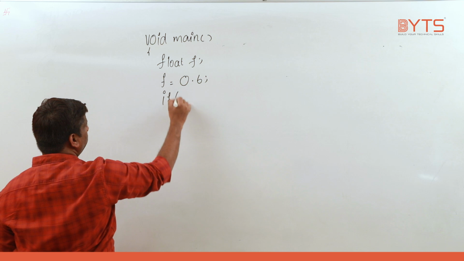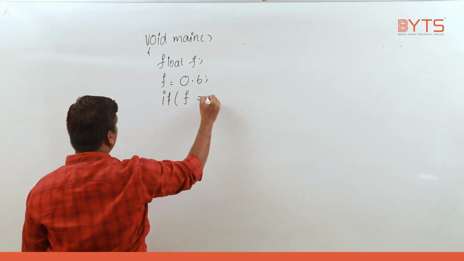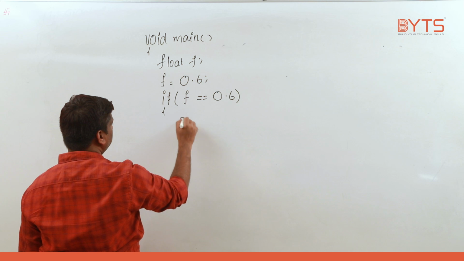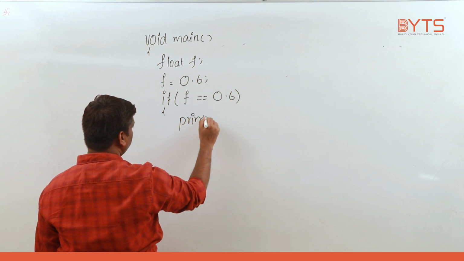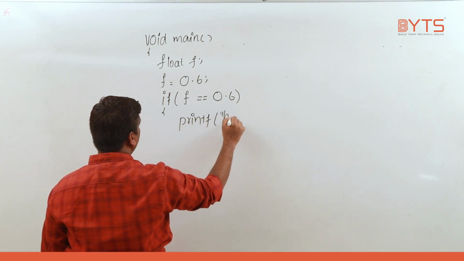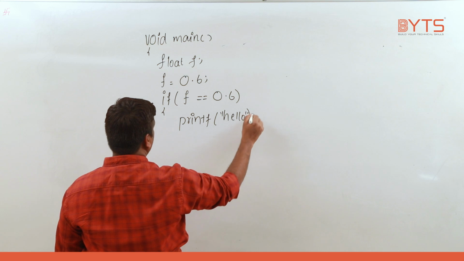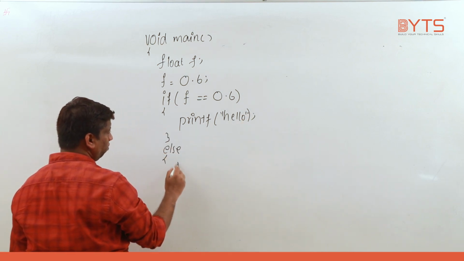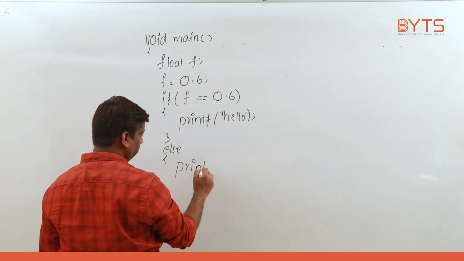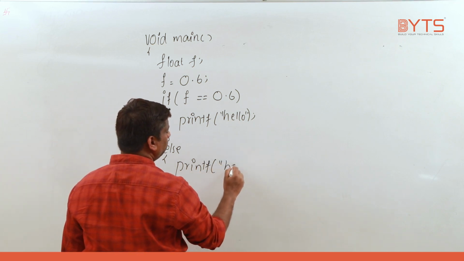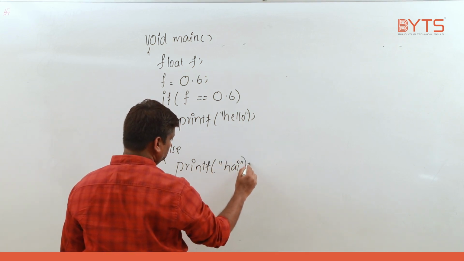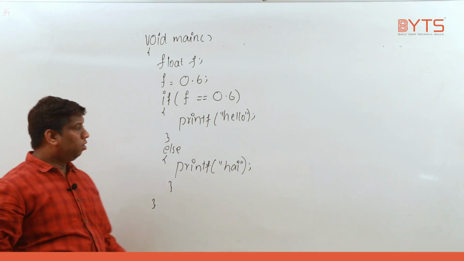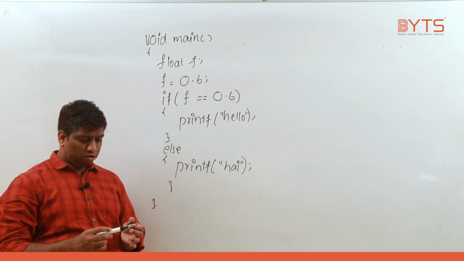If f equal to 0.6, let me write here some print statement for you. printf hello, else printf hi. Well, pause the video and guess the output.